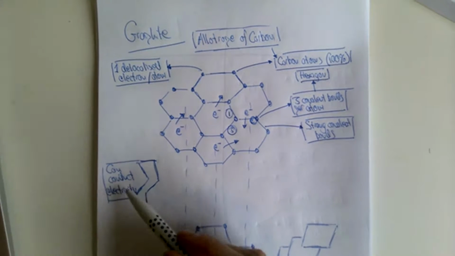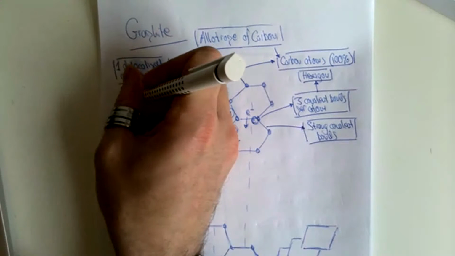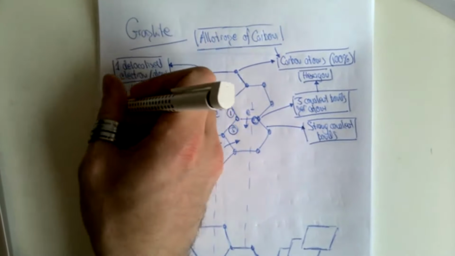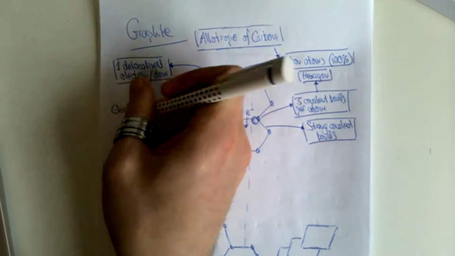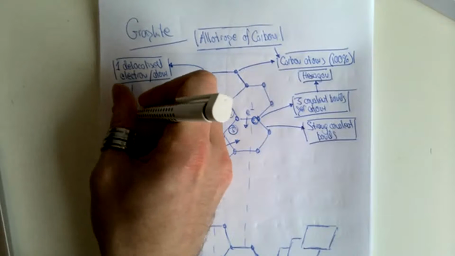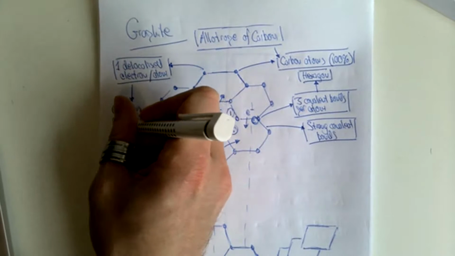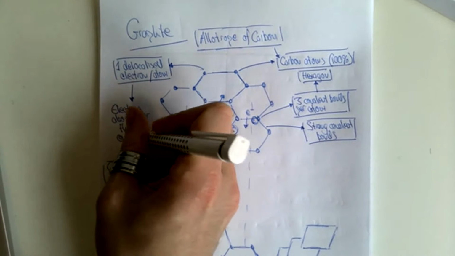As well as conducting electricity, the delocalized electrons can also transfer thermal energy. So in that respect, it's an easier substance to heat than diamond.